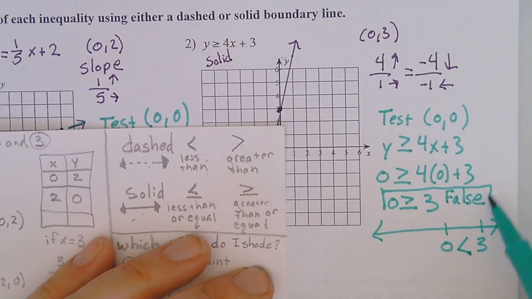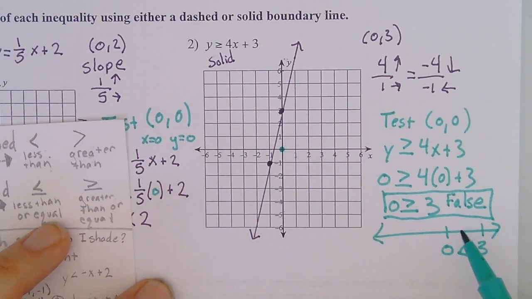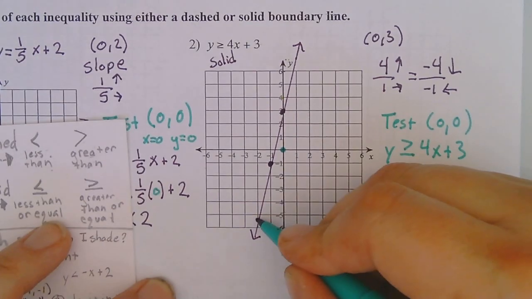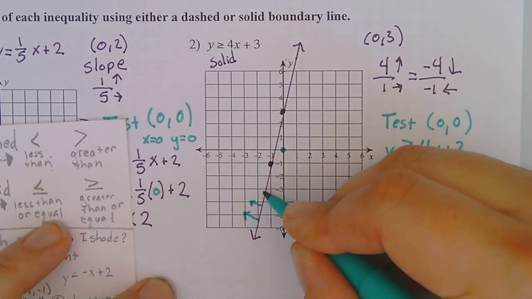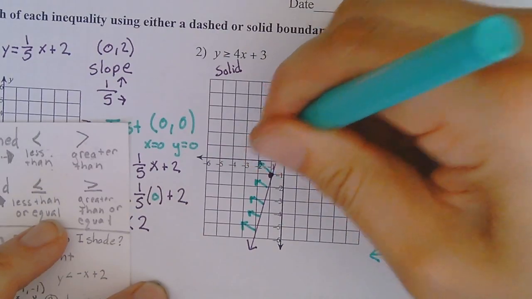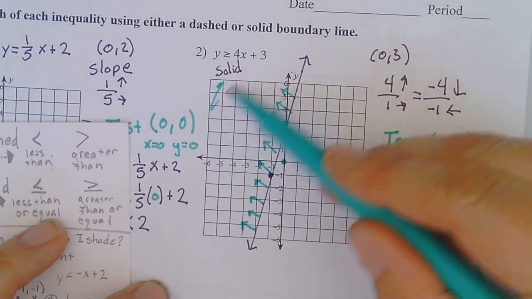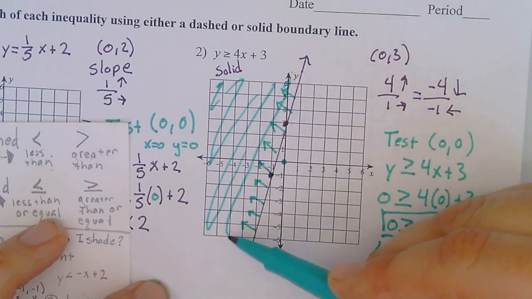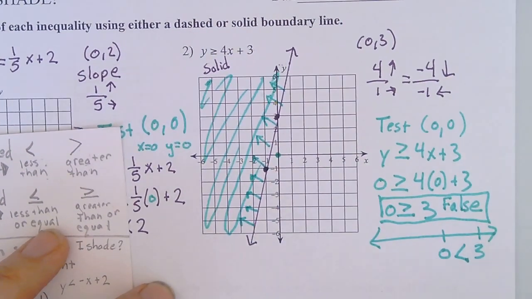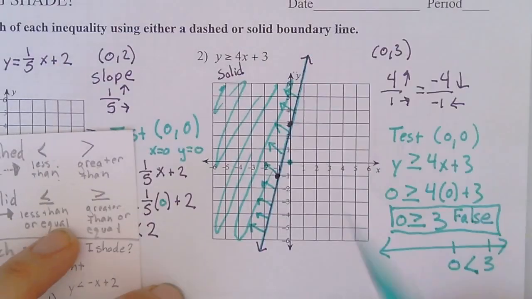Because it's a false statement, it means we do not shade this side. The side with the point is false. So we shade this side instead. All right, and again, the solution is also on the line, so make sure it's solid.